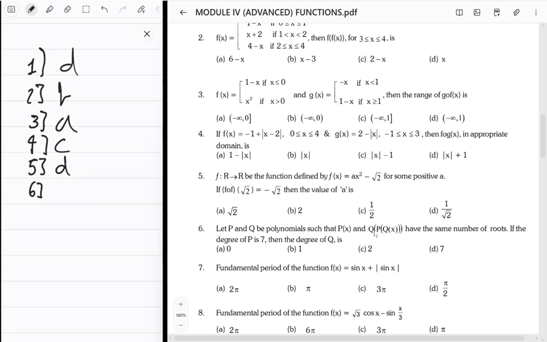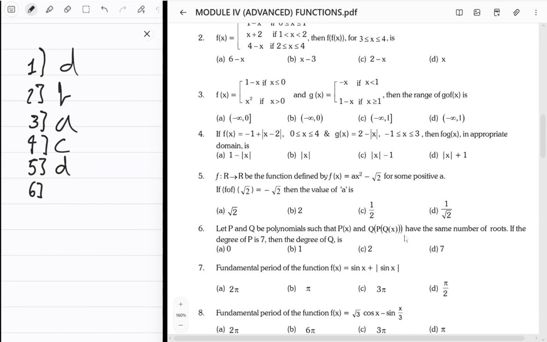Say Q has, I don't know, n roots. Okay, it's got n roots. Then P of Q of X is equal to, so say one of these roots, right? Yeah, sure. Oh, this is very weird. How do I even do this thing? Two polynomials, same number of roots, not the same roots, but the same number of roots.